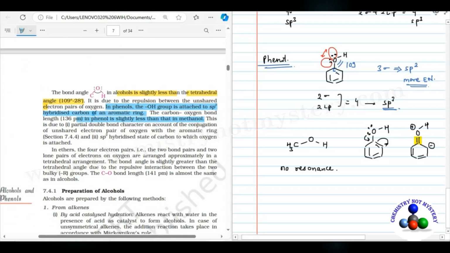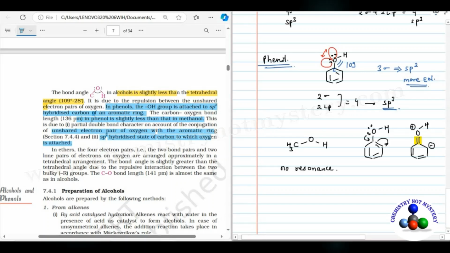Now let's read from the book. This is due to the partial double bond character on account of conjugation of the unshared pair of electrons of oxygen with the aromatic ring. Second, the sp2 hybridized state of the carbon to which oxygen is attached. So there are two reasons.